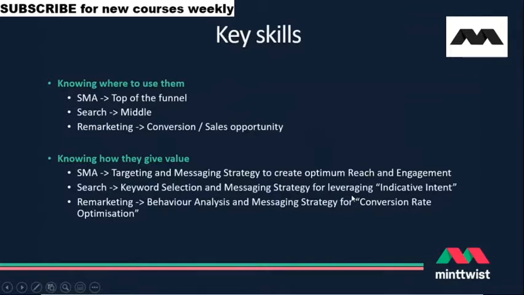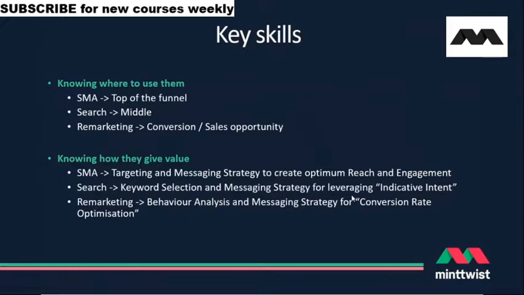So how are these channels used? Well, social media advertising is particularly good at the top of the funnel. The reason is that it's a great platform for targeting and reaching our customers, because we don't actually have to know our customers. We just have to know how to describe them.